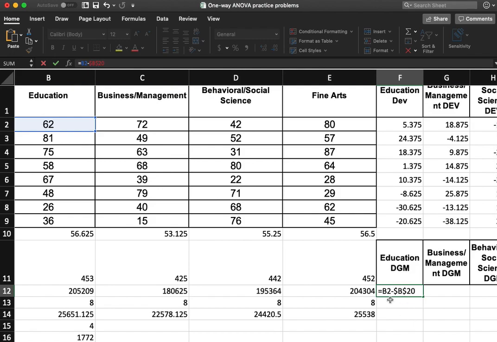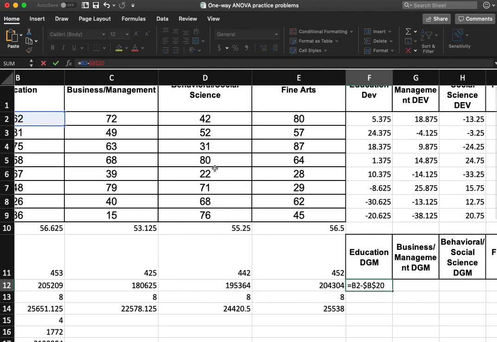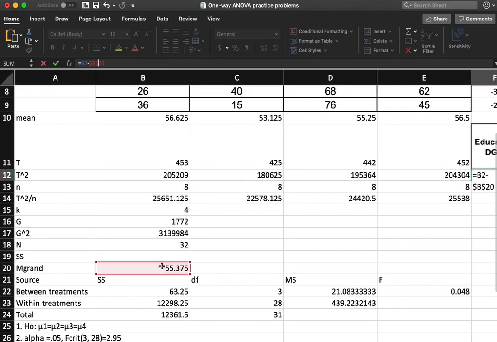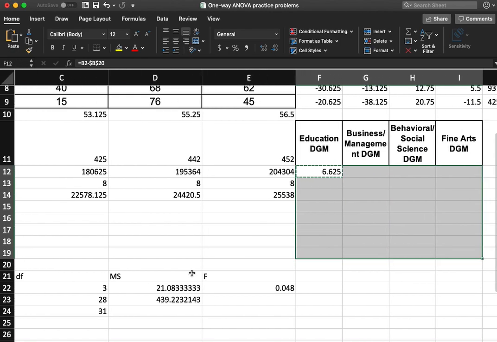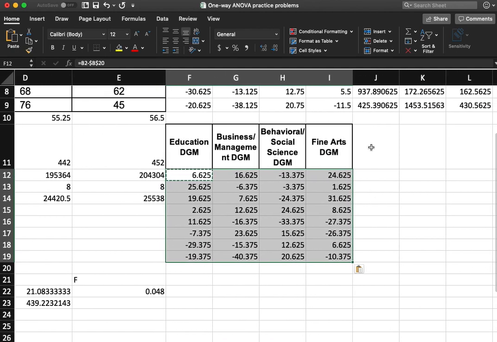Now when I paste this on down for 8 rows and 4 columns across, I'm going to get deviations of every score from this same grand mean that appears in B20 down here, 55.375. That's the grand mean. Remember that we have 8 scores for 4 groups, and I'm going to paste that into there. If we summed all these, we'd get 0, because that's what it adds up to.